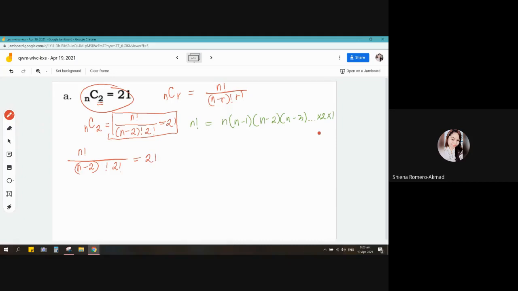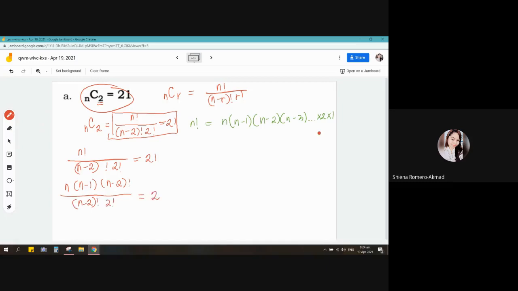So, express na natin sa n factorial hanggang dito kay n minus 2 factorial. So, we'll get n times n minus 1 times n minus 2 factorial divided by n minus 2 factorial times 2 factorial.